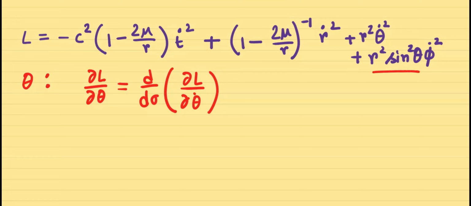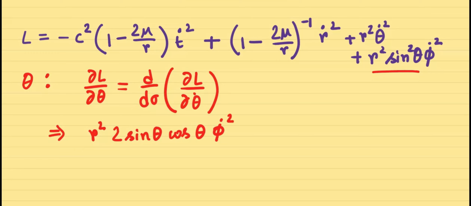Yes, we do, and it is the last term. So if you differentiate that portion with respect to theta, what do you end up with? You get r squared and then 2 sine theta, and then cosine of theta because you differentiated it, and then phi dot squared.